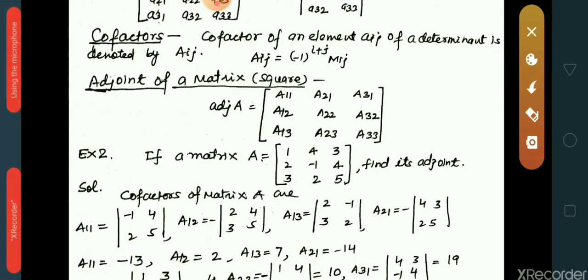Children, here is an example. Example 2. If a matrix A is equal to 1, 2, 3, 4, minus 1, 2, 3, 4, 5, find its adjoint.